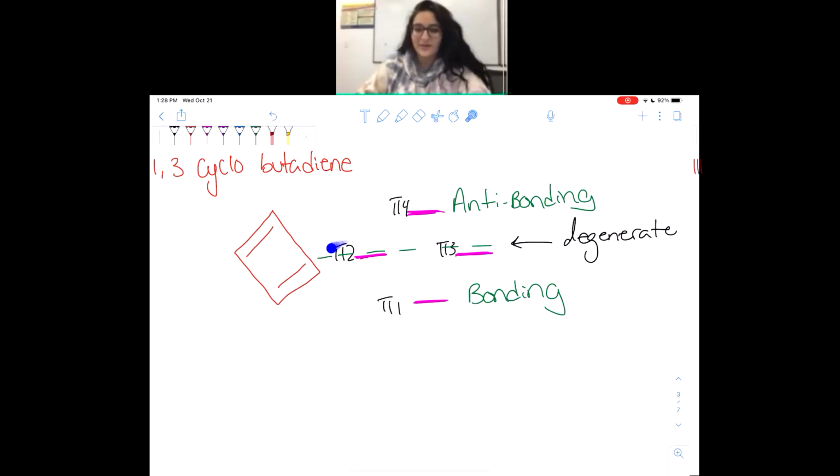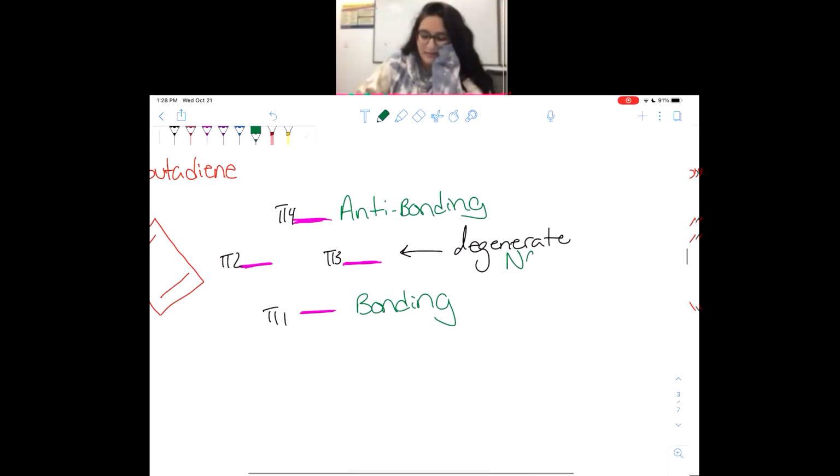So this energy level in the middle has to be non-bonding. So pi 2 and pi 3 both have to be non-bonding.